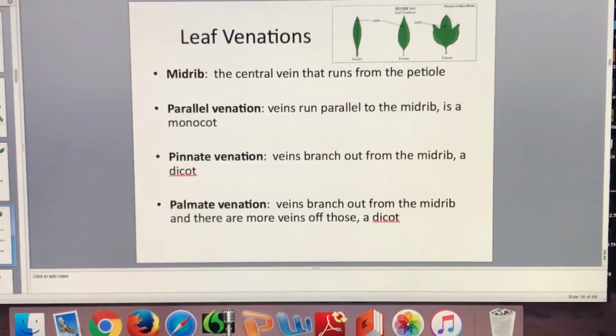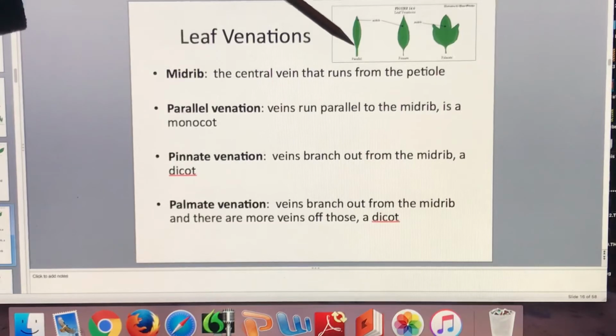Then on the venations, first you would identify the midrib, and that's a vein going up the center of the leaf, and it runs right from the petiole. So you have leaves that have parallel venation. That means that all the other veins run parallel to the midrib.